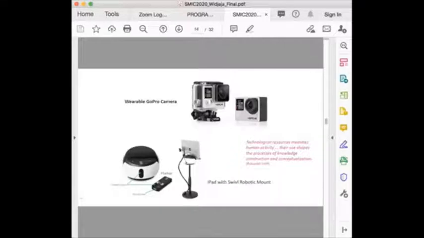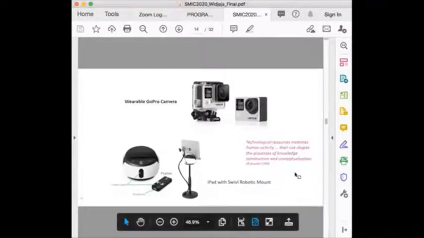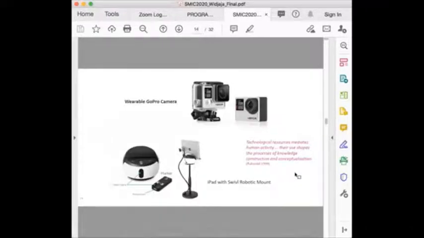And then we also have an iPad mounted on a swivel robotic, usually at the back of the classroom, so that will capture the whole class view of the interaction, the classroom or the lesson. So we look at the technological resources here to mediate the human activity, and it's important because it shapes the processes of knowledge construction and conceptualizations.